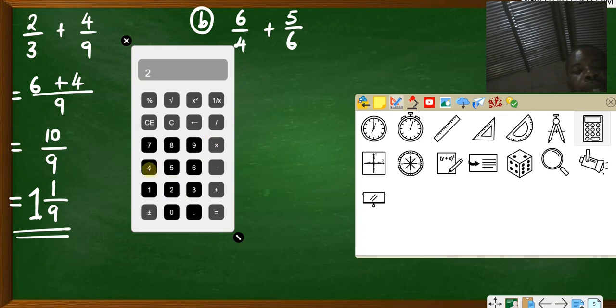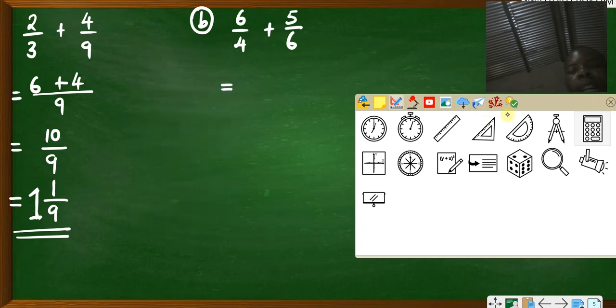I can also say 24 divided by 4, what am I getting? 6. Then I can say 24 divided by 6 again, what am I getting? 4. So 24 is the right number.